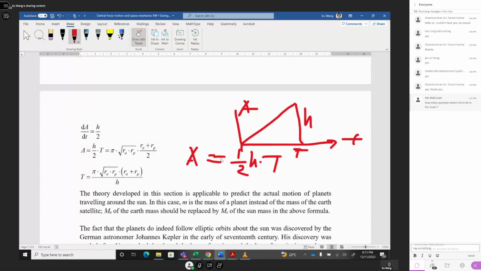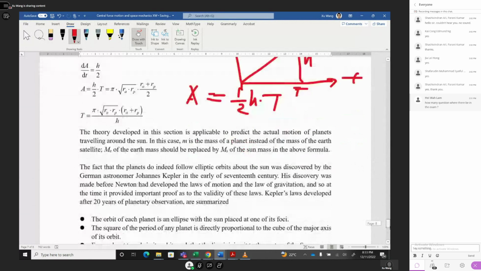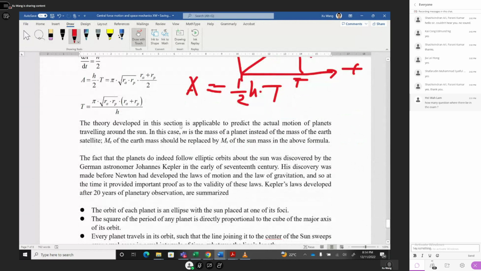And dA/dt is a constant, half of h. From here you can solve for the period, the area of the ellipse divided by h, for the satellite's motion along the ellipse. Okay, and then the theory developed in this section is applicable to predict the actual motion of the planets.